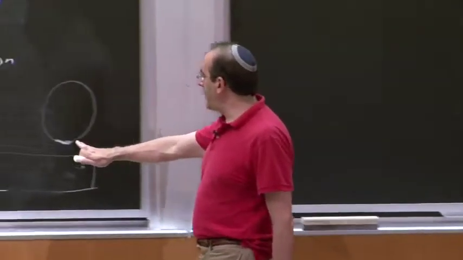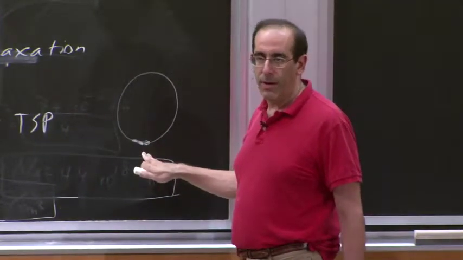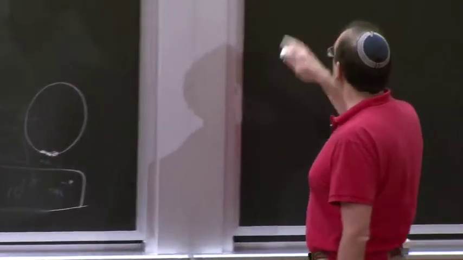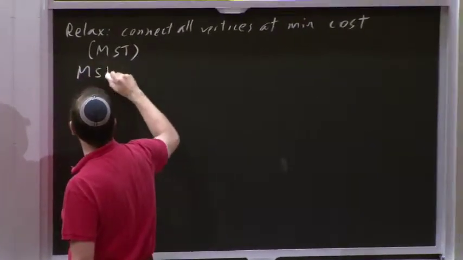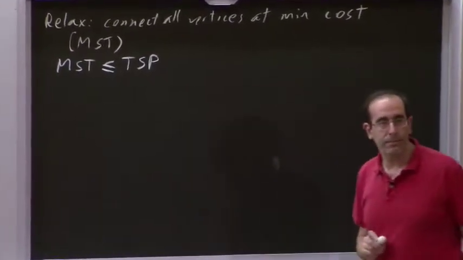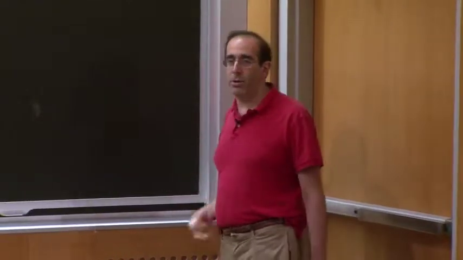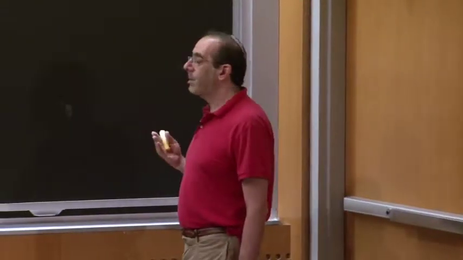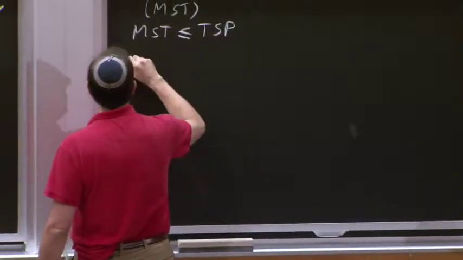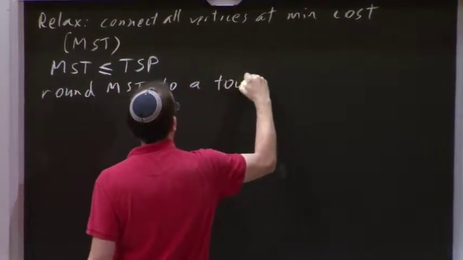But even if we take out that edge, what we have left is a tree. It's a very skinny tree, right? But it's a tree. So that tells us right away that the cost of the minimum spanning tree is less than or equal to the cost of the traveling salesman tour, right? So we're well on the way to finding a solution to the traveling salesman problem, except we don't have a tour. We have a tree. So now what we need is a way to round the MST to a tour.